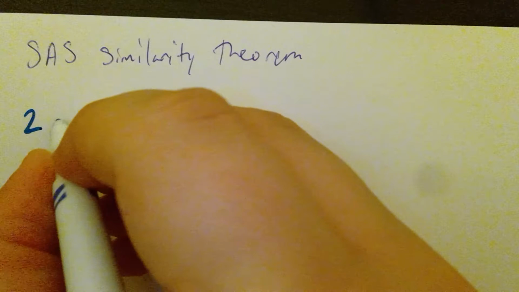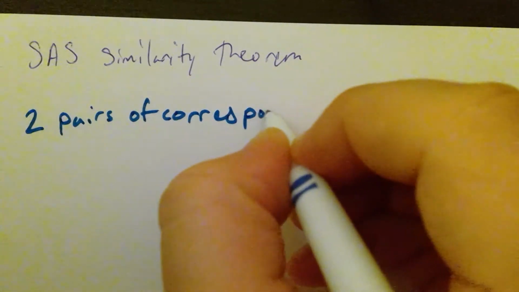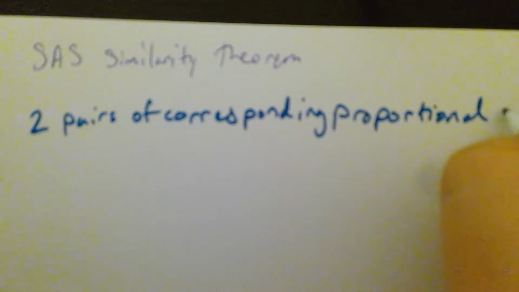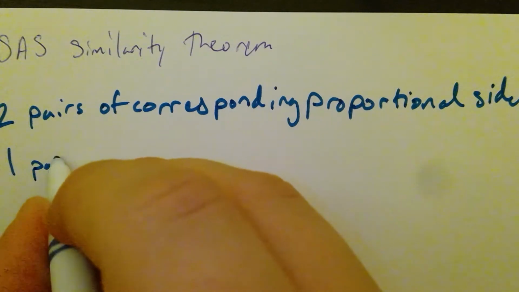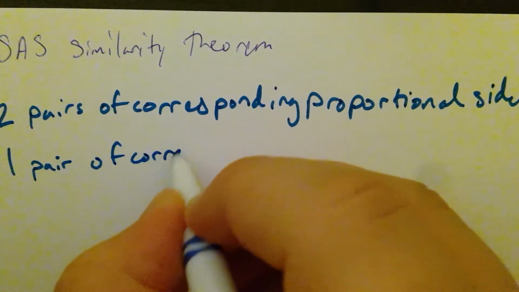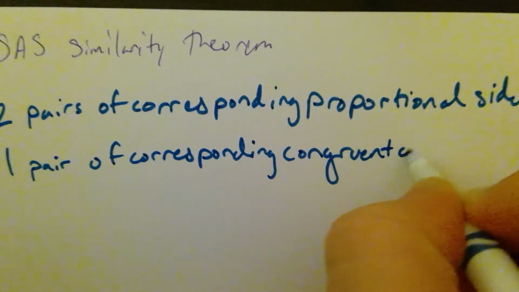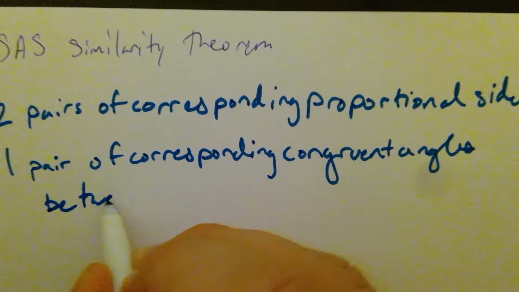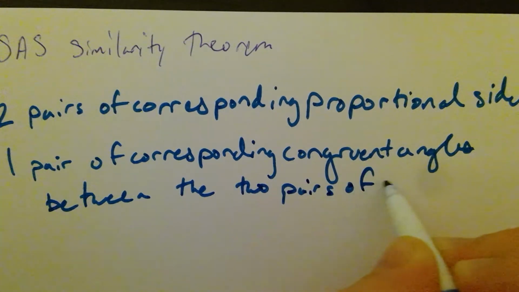So we have two pairs of corresponding proportional sides, and then we have one pair of corresponding congruent angles between the two pairs of sides.